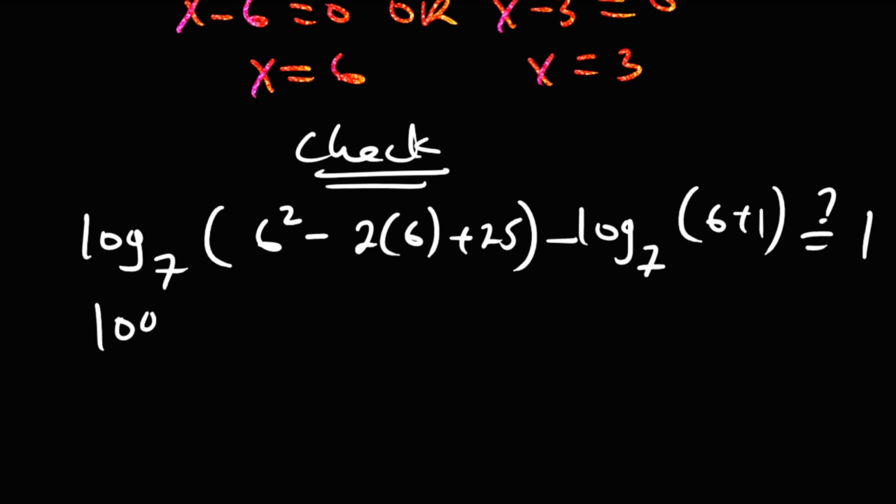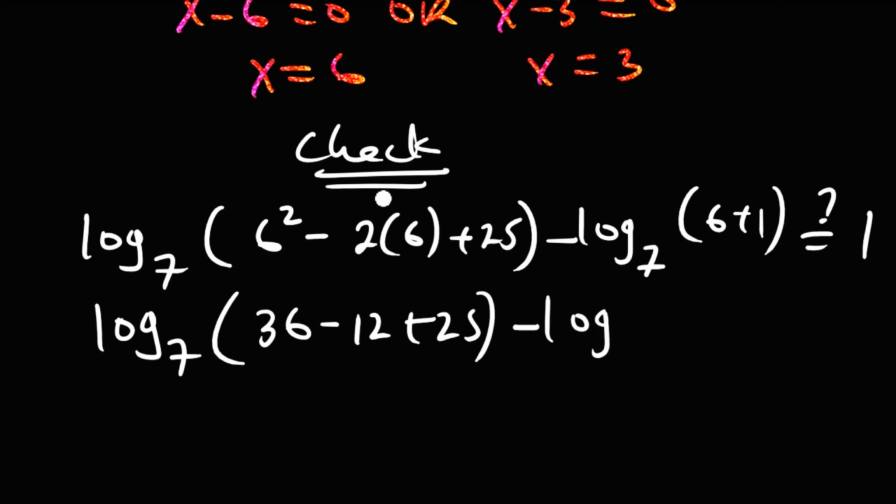So this will be log to base 7 of (36 minus 12 plus 25) minus log to base 7 of 7. Is that really equal to 1?